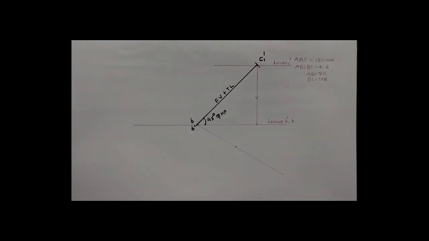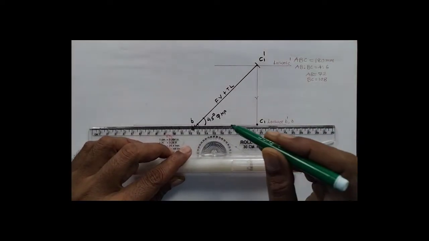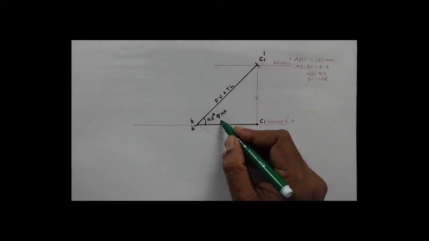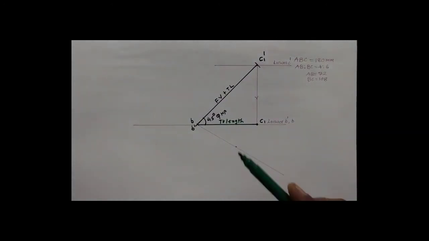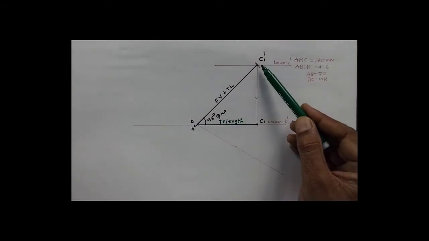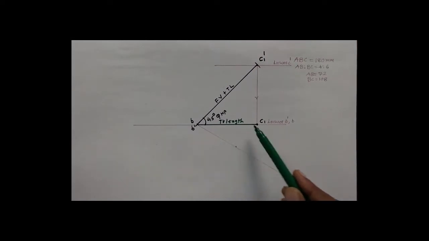So I mark the plan point C1. Your BC1 is the top view length. Again, understand: for a line inclined to HP, your elevation is B dash C1 dash and its top view is BC1.